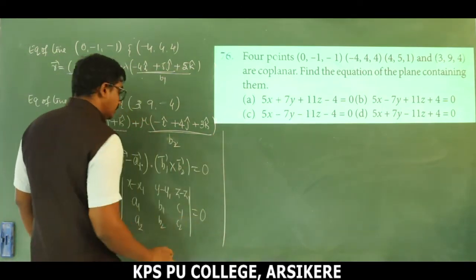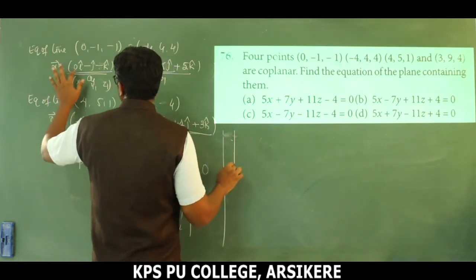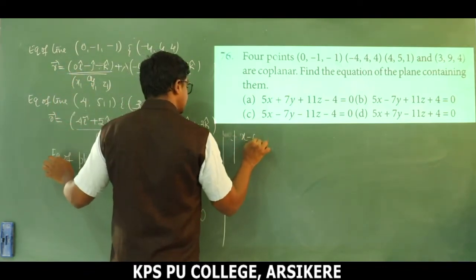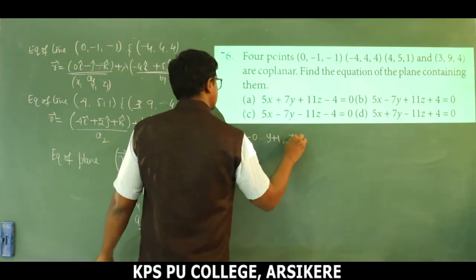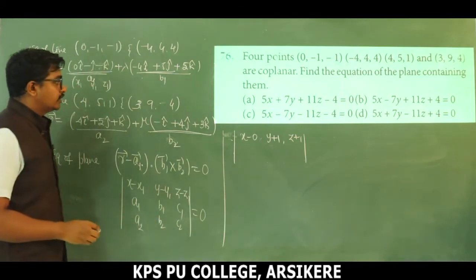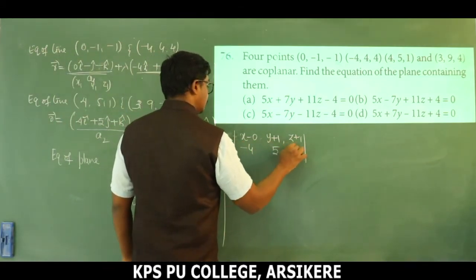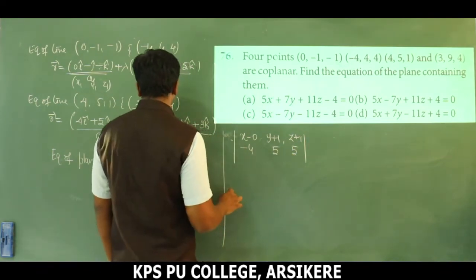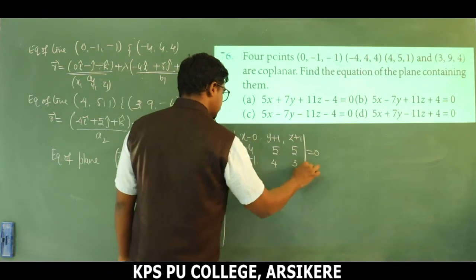Expansion: first one, x minus x1 is x minus 0, y plus 1, z plus 1, and the second row, the scalar components of vector b1: minus 4, 5 and 5, and this will be minus 1, 4, 3, that is equal to 0.